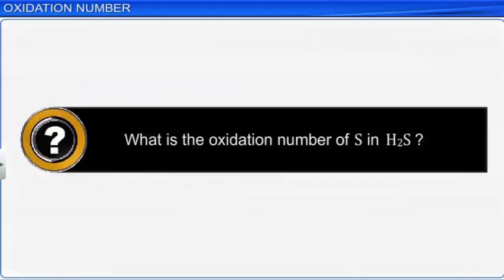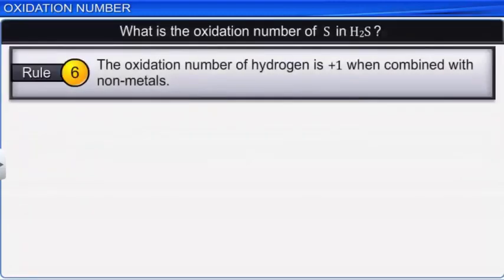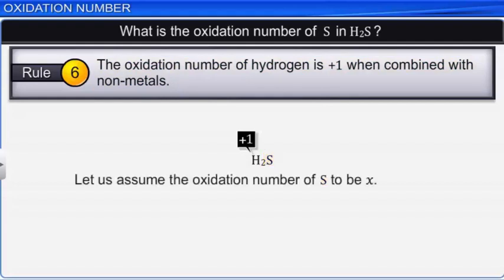Now, let's apply what we have learned and determine the oxidation number of sulfur in hydrogen sulfide. According to Rule 6, the oxidation number of hydrogen is +1 when combined with nonmetals, in this case, sulfur. Let us assume the oxidation number of sulfur to be X. We will write the oxidation numbers of the atoms above the chemical symbols.